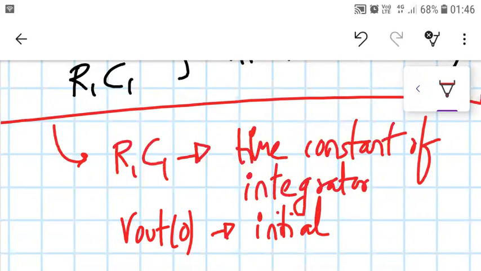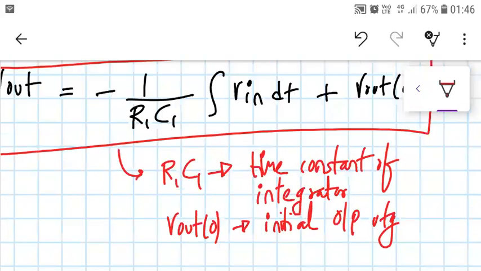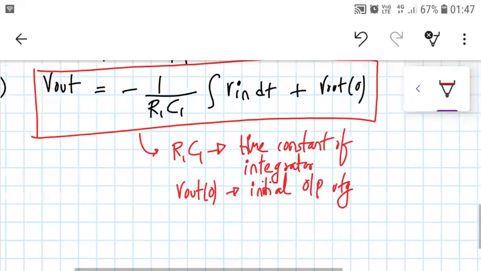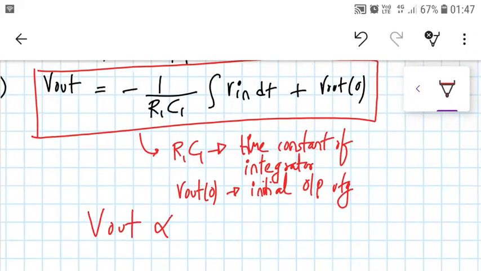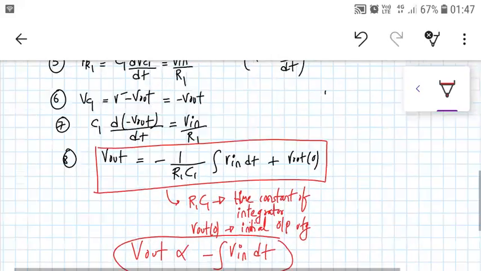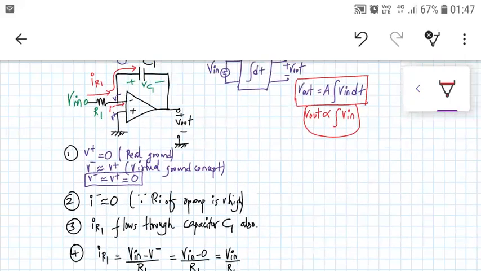As you can clearly see from the equation, if you ignore the value of V out of 0, R1 and C1 is a constant. So we can see that V out is proportional to minus the integral of V in into dt. That's the functionality we were looking for, and the negative sign indicates that the input is applied to the inverting terminal. That's why we have a negative sign over here. Don't worry about the negative sign.